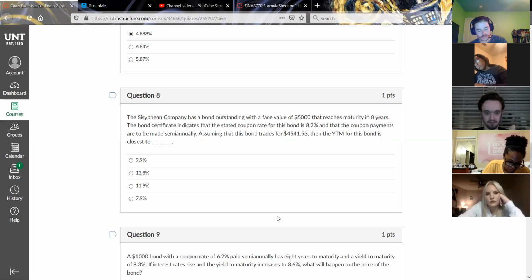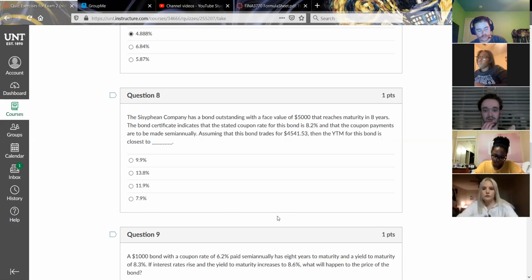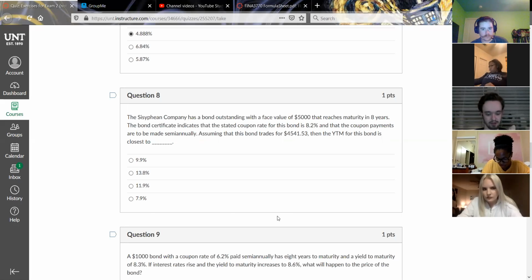And our present value is 4,541.53, because that's what we can trade it for now. It says that would be negative. So you compute your interest rate, which is 4.9%, and multiply by 2 because it's semi-annual, for 9.8% yearly, or 9.9%.